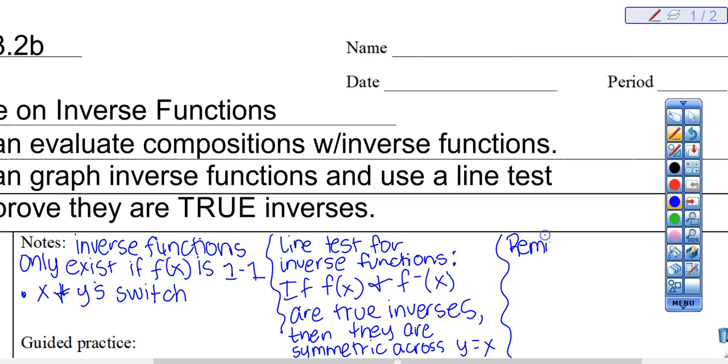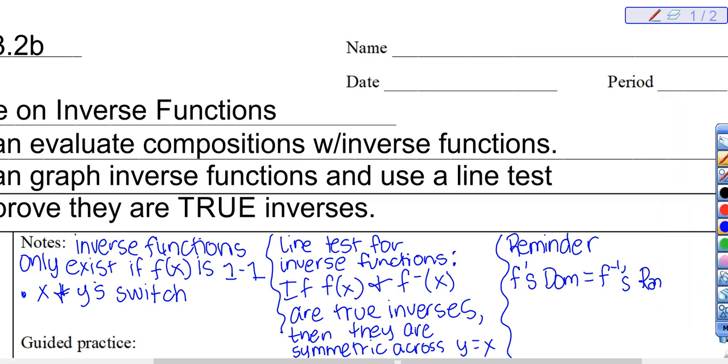Then one other thing that I want to remind you about. So big reminder here. I always say these things are important, and I mean it. If the x's and y's switch on inverse functions, f's domain equals f inverse's range.